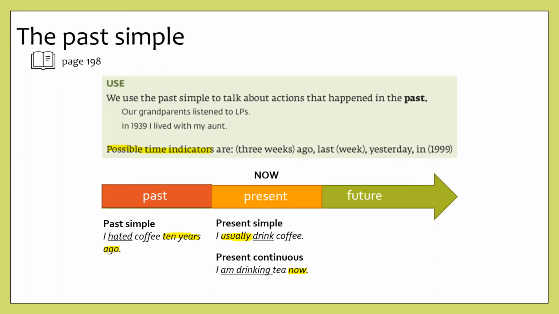Dus als ik dat lees, dan kan ik daar een past simple in herkennen. Of kan ik weten dat ik een past simple moet gebruiken. So, we use the past simple to talk about actions that happened in the past. Je ziet voorlopig maar één werkwoordstijd in de verleden tijd. Dus je kan hier nog niet gaan mixen met andere werkwoordstijden. We hebben hier enkel de past simple.